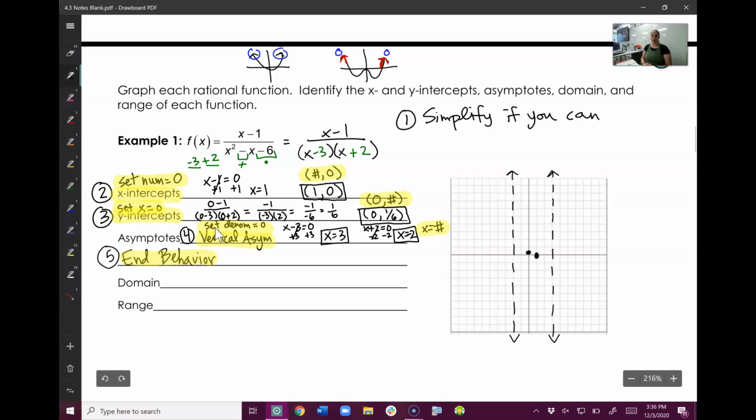So when I talk about end behavior, there's a specific thing we need to do. First off, there are 2 types of end behavior that we're going to be doing in this class. To find which of the types this problem is, you look at the degree of the numerator and the degree of the denominator. Just a reminder, degree is the biggest exponent. If I look at this numerator, the biggest exponent in that numerator is a 1. If I look at the denominator, this one's written differently.